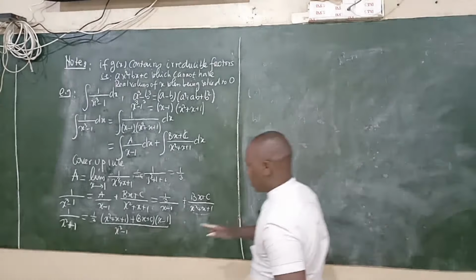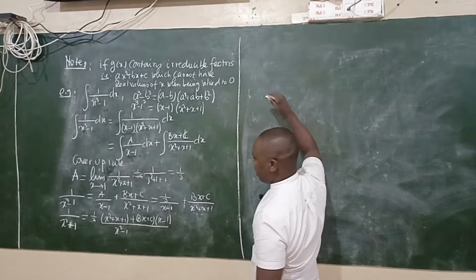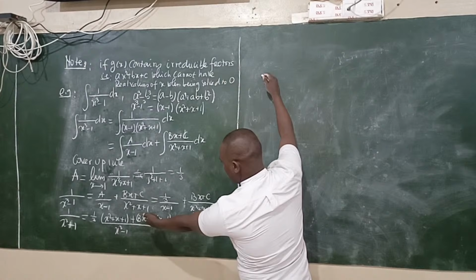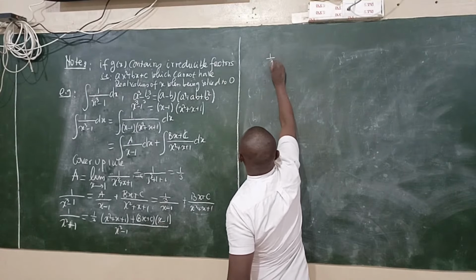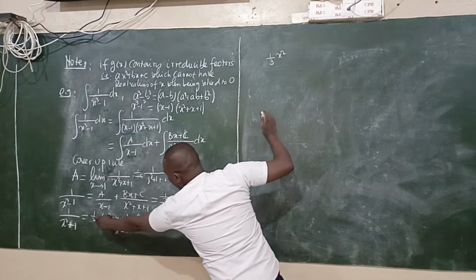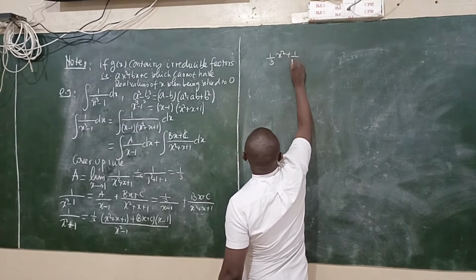Now, let's multiply. The right hand side will be 1 over 3 x square, we are multiplying by x over 3 plus 1 over 3 times x plus 1 over 3, okay, plus bx times x, that is bx power 2, minus bx when this bx multiplies 1, plus cx plus c.